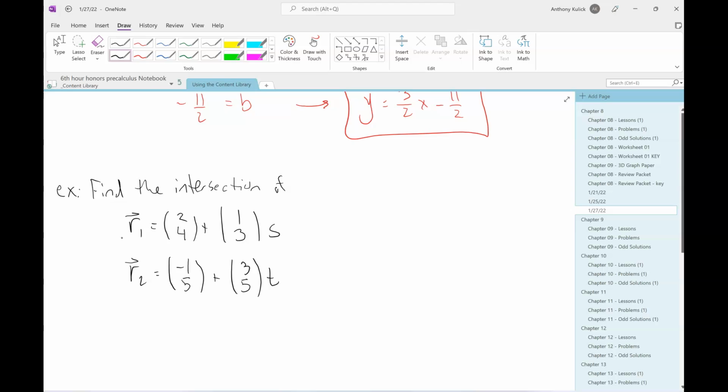So one thing to say right out front is that we're going to acknowledge the fact that you could do what we just did and convert these both into slope-intercept form and then solve your system like we would have in an Algebra 2 class. That's fine. That's valid. It works.